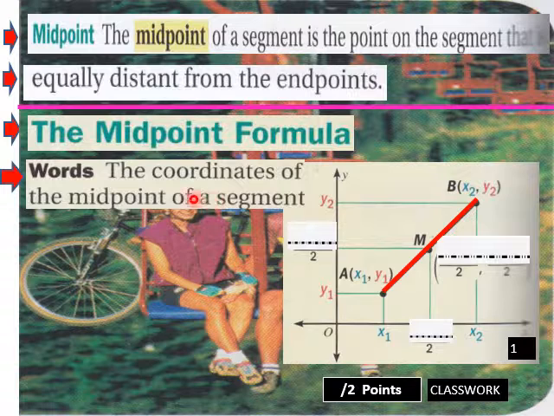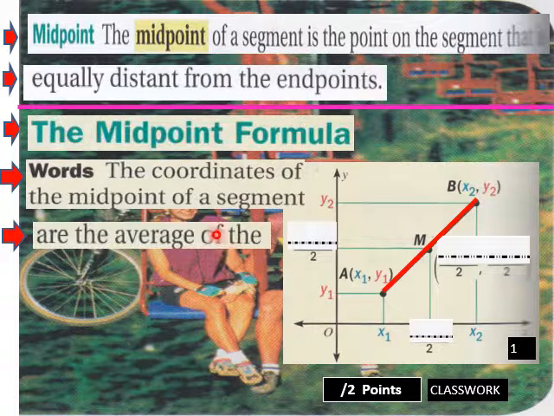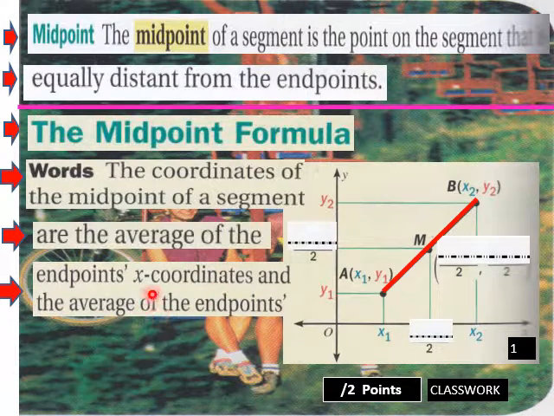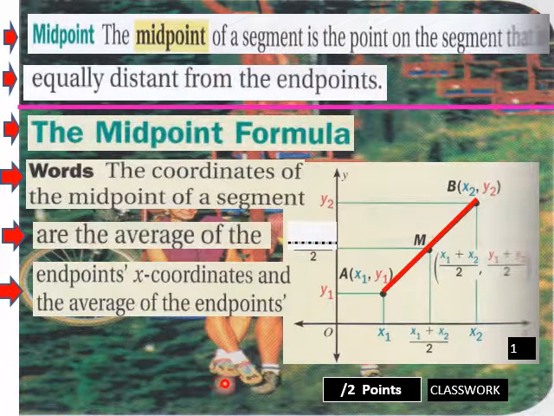The coordinates of the midpoint of a segment, so you've got coordinate A down here, x1, y1, and then B up here, x2, y2, and in between we have a line segment. The coordinates of the midpoint are the average of the endpoints' x coordinates, and the average of the endpoints' y coordinates.